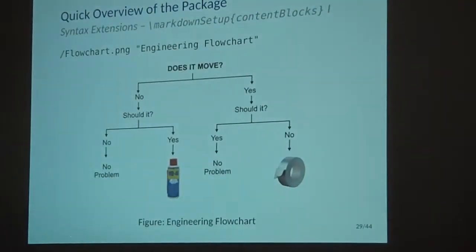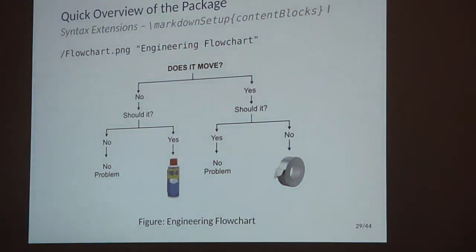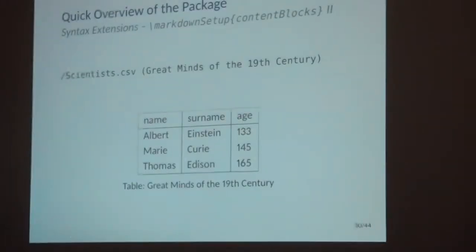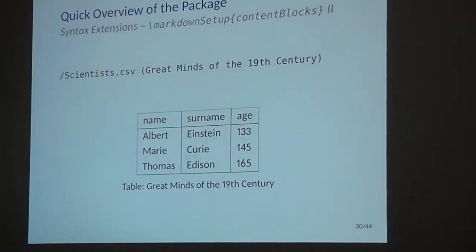Yeah, and these are the content blocks. So the content blocks can be used to typeset local images, which is sort of a redundant syntax for what Markdown already has. You can also use it to input any other files, which are then recognized by the extension.